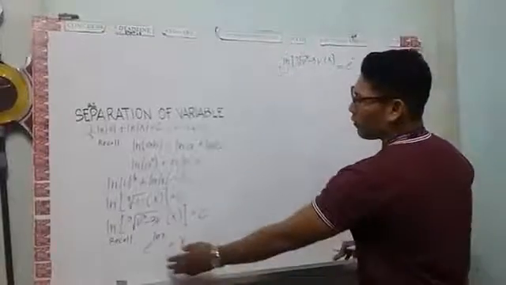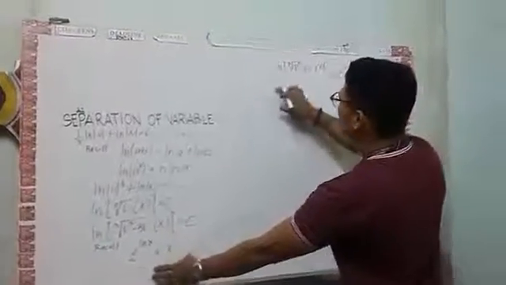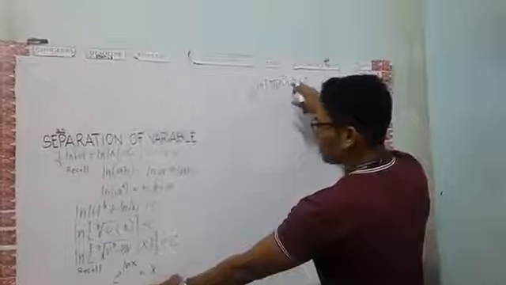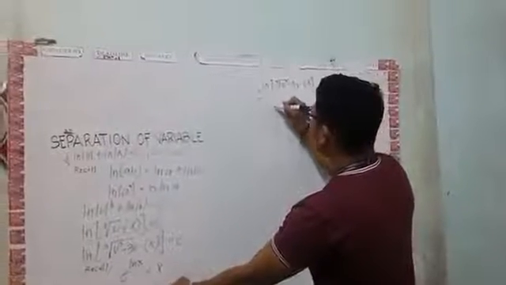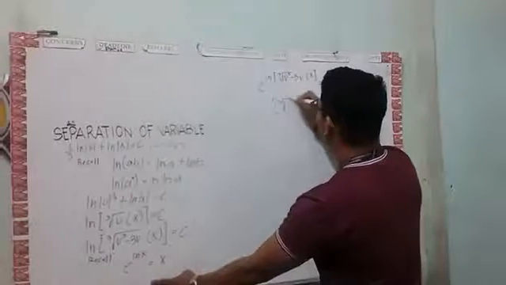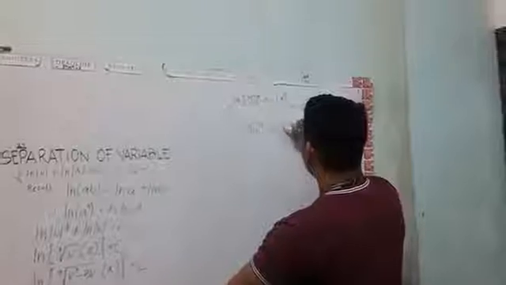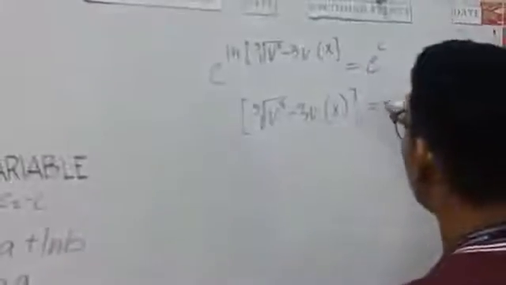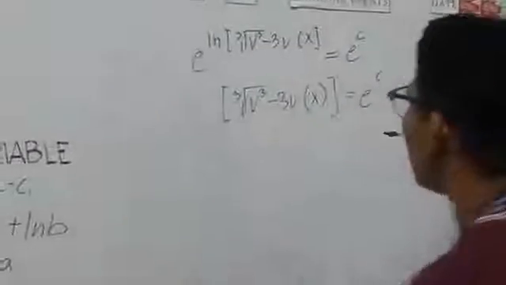Then by these properties, e to the ln x is equal to x. So we come up with the equation: cube root of v cubed minus 3v times x equals e to the c.